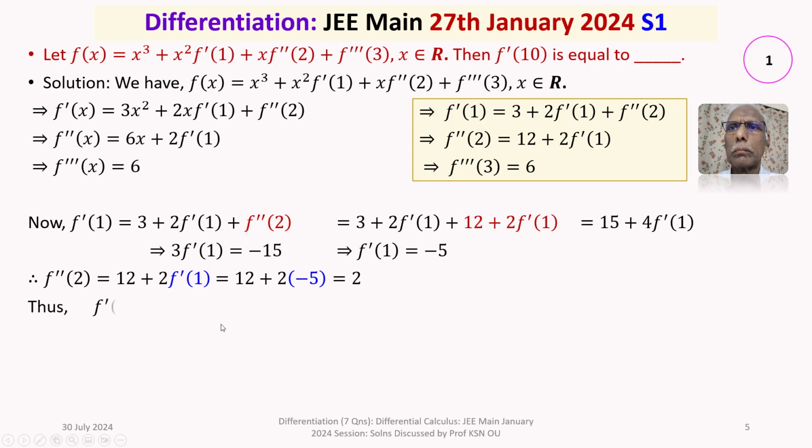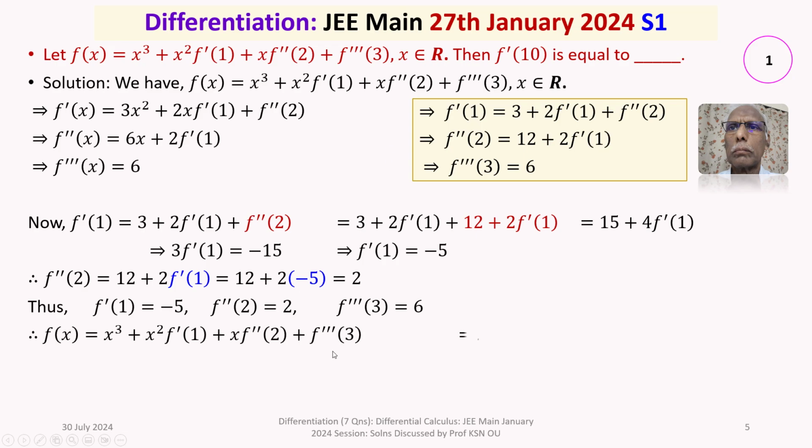So therefore, we get f prime 1 is minus 5, f double prime 2 is 2, f triple prime 3 is 6. Get into the first equation, f of x, and substitute there. f of x is equal to, this is the given expression. In that, substitute these values. Then you will get x cube minus 5x square plus 2x plus 6, which is a polynomial of degree 3, and differentiate: f prime x is equal to 3x square minus 10x plus 2.